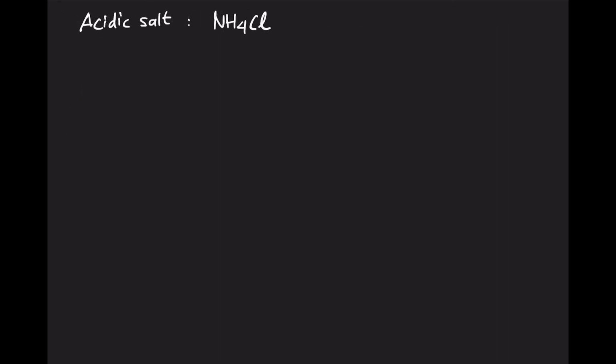Now, similarly, what if we have an acidic salt? NH4Cl will first dissociate into NH4 plus and Cl minus. And Cl minus is a neutral species because it is a conjugate of HCl. HCl is super strong, so Cl minus is really, really weak.